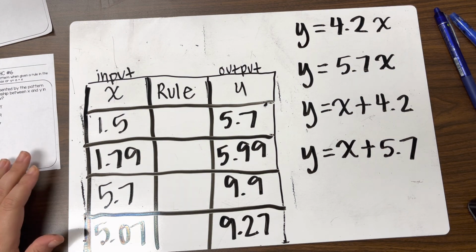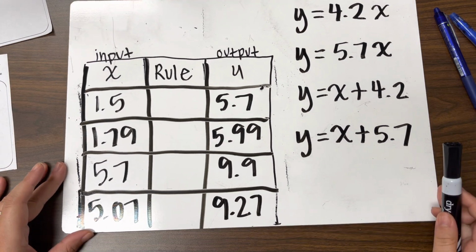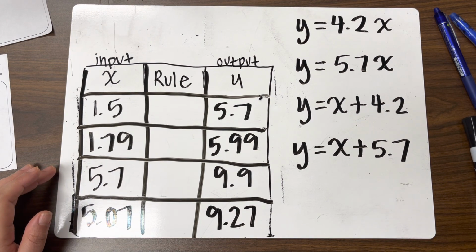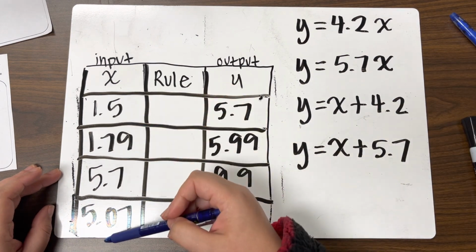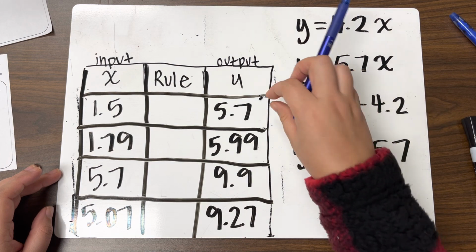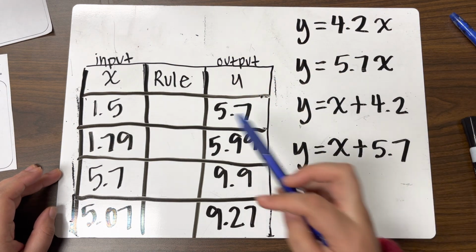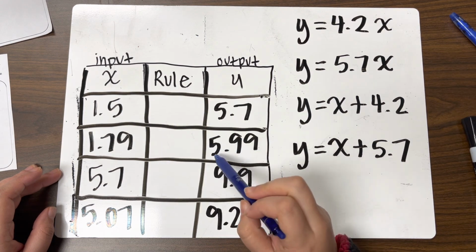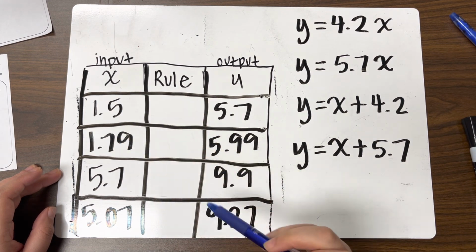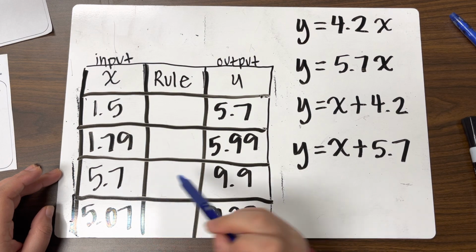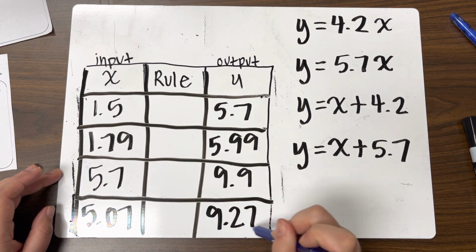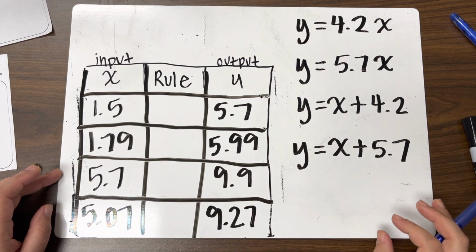So this one is actually a little bit trickier because we know that all of these numbers are being increased, okay? They're getting bigger. 5.7 is bigger than 1.5. 5.99 is bigger than 1.75. 9.9 is bigger than 5.7. 9.27 is bigger than 5.07.